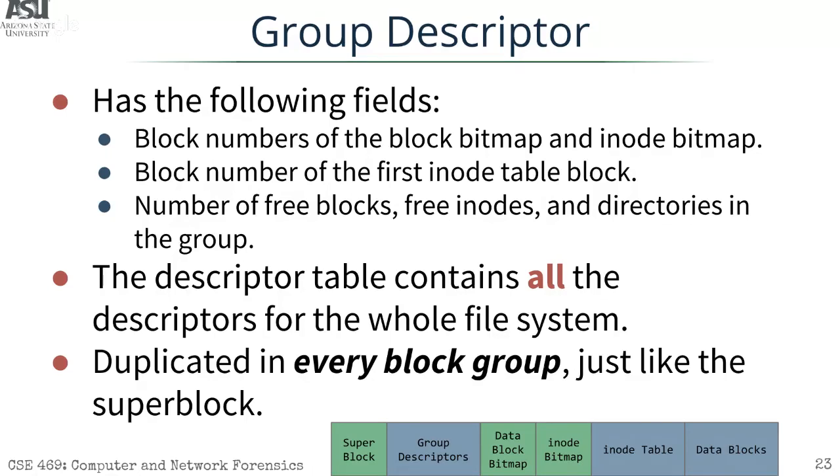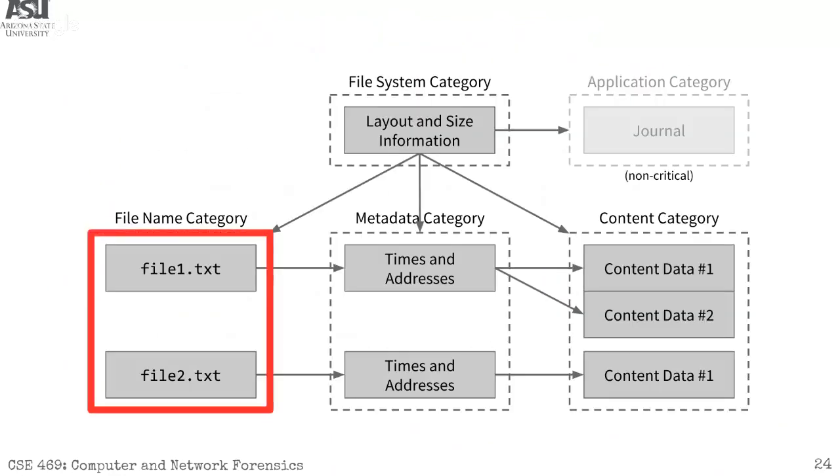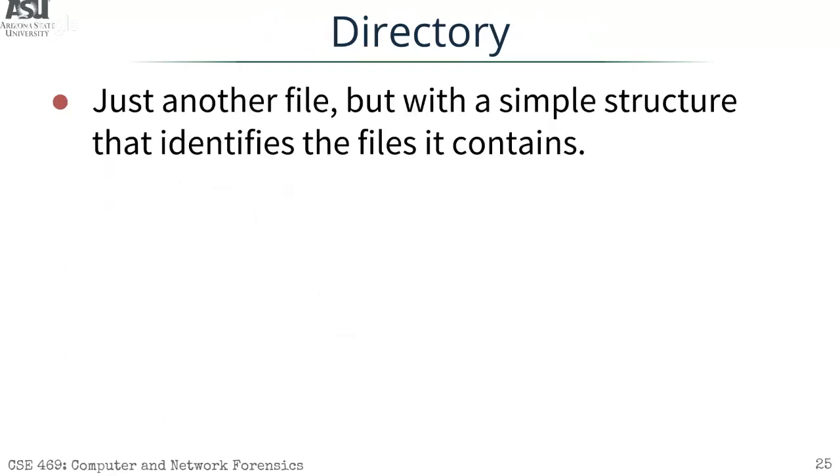Okay, let's go ahead and get started again. We were talking about the file system category. So now we know the layout and the size information of everything in our file system. Now we can move on to the file name category, and that basically consists of directories. We've talked about this before, that a directory is just another file, but it has a really simple structure that identifies the files that belong to that directory.